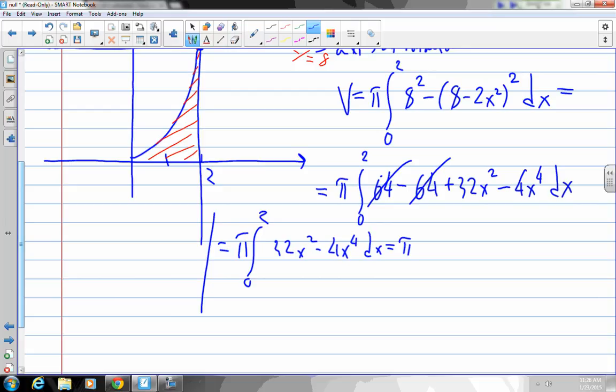So that's pi times 32 over 3 x cubed minus 4/5 x to the 5th, from 0 to 2. Yeah, whatever that is, 896/15 pi, whatever. Not important at this point. You do the computation.